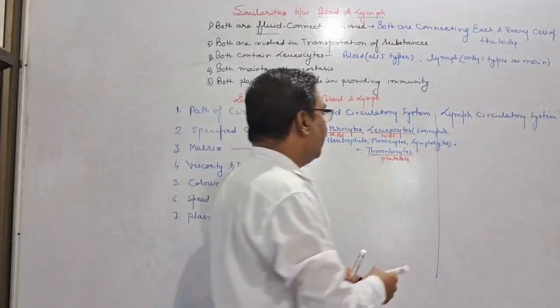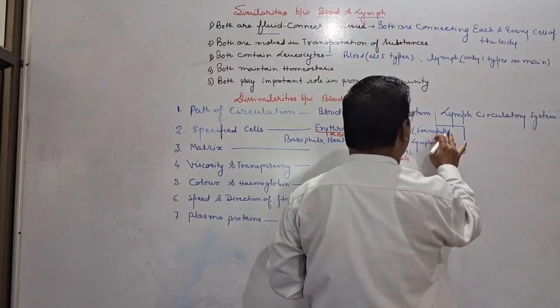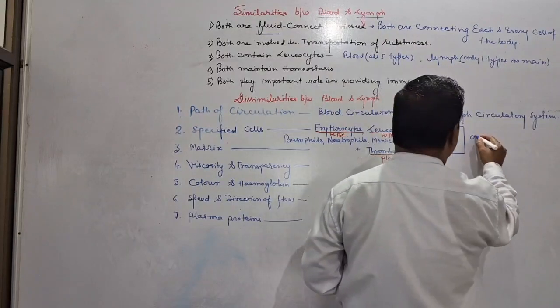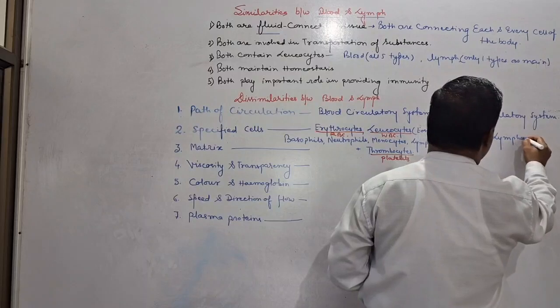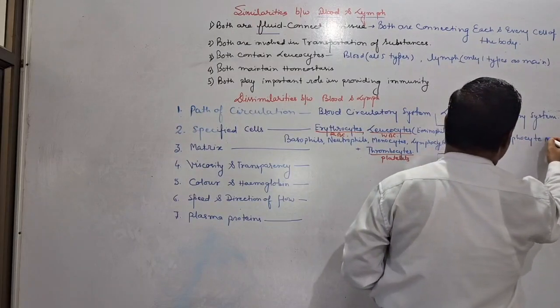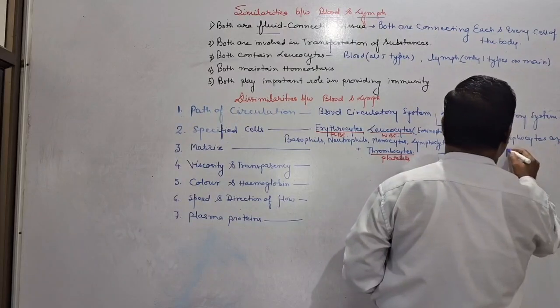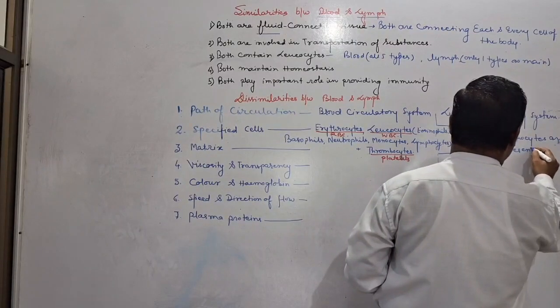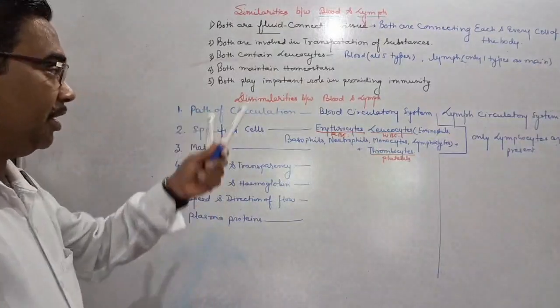In lymph, only lymphocytes are present, although the number of lymphocytes is large in the lymph.